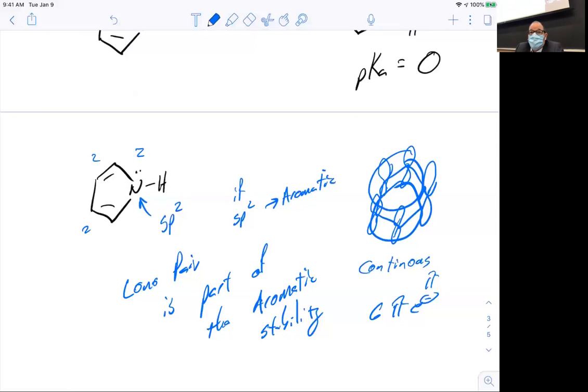And this is one of those cases where, if you looked at that nitrogen, it would be sp3. But if it was sp2, the whole molecule would be more stable. So in that case, since you can gain aromaticity, this nitrogen is going to rehybridize from sp3 to sp2 because it makes a more stable molecule.